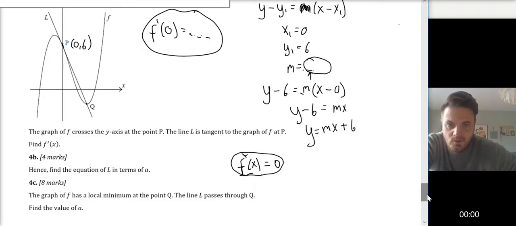There are different ways of doing this, but if you call the x coordinate here, for example, b, like this, you know that f prime of b is equal to 0, and then you will get an equation with both a and b.